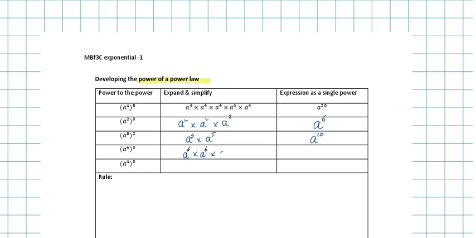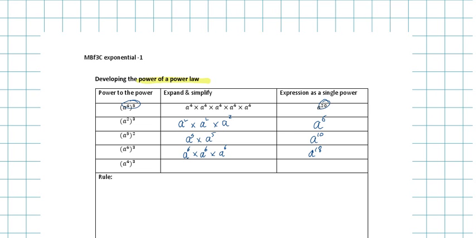Do you notice any pattern here with the exponents? They're multiplied. So if you look here for a second, please. 4 times 5 gives me 20. 2 times 3, 6. 5 times 2, 10. 6 times 3, 18.